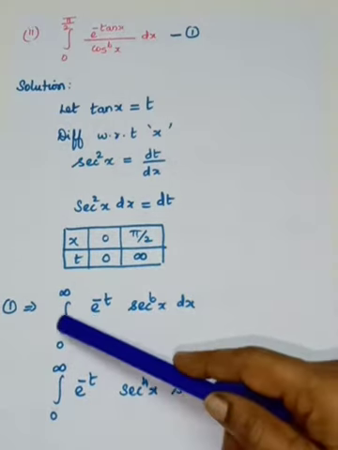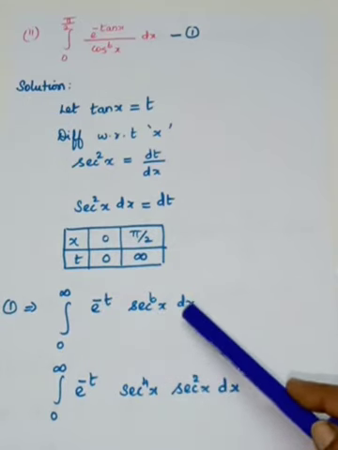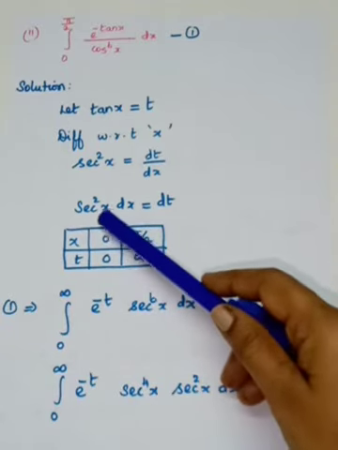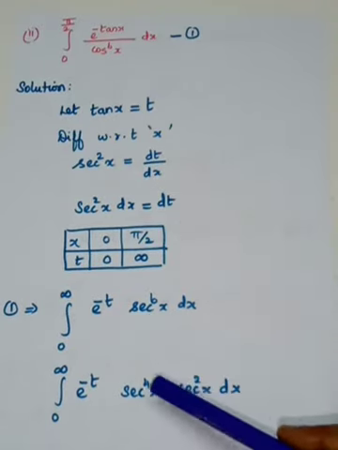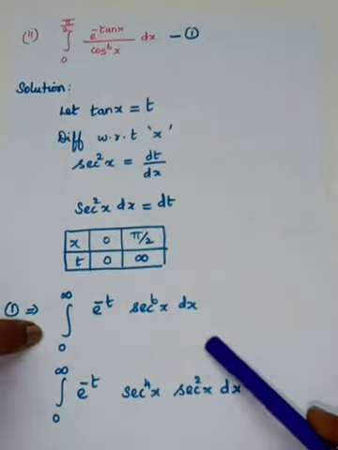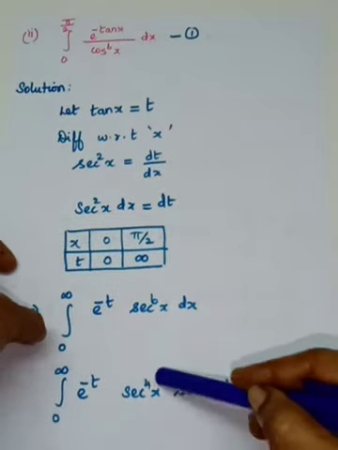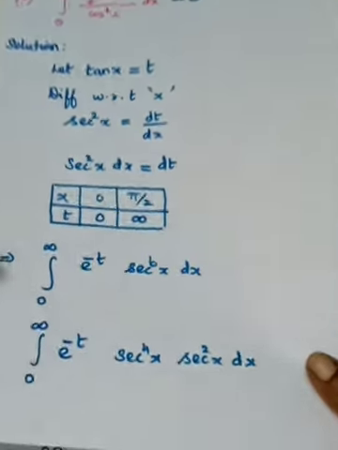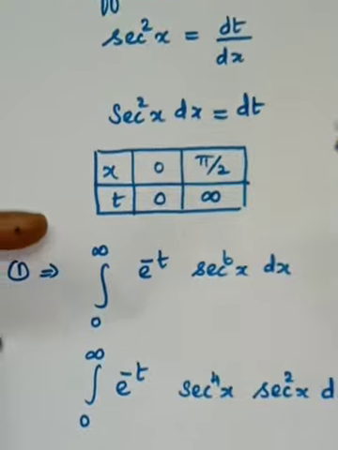You see that the limit and this term are in terms of t, but these two are in terms of x, so they have to be converted. And we have written secant squared x dx is equal to dt. So the secant power 6x can be written as secant power 4x into secant squared x into dx. So secant squared x into dx can be written as dt, but still this term is in terms of x. So the secant power 4x can be written as secant squared x the whole squared.